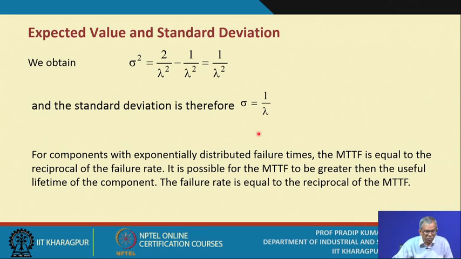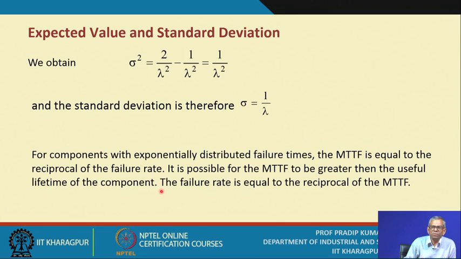For components with exponentially distributed failure times, the MTTF is equal to the reciprocal of the failure rate. That means MTTF is nothing but 1 upon lambda, where lambda is the failure rate. It is possible for the MTTF to be greater than the useful lifetime of the component. That is a very important observation in many cases.